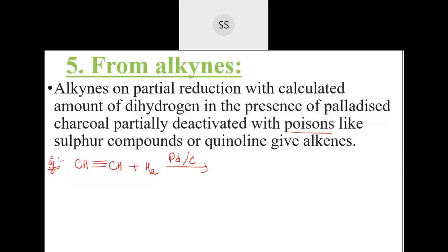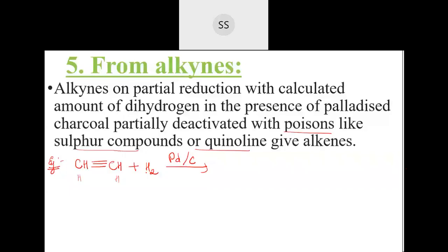Okay, these are the compounds which are the poison. So directly you add hydrogen now. Okay, break this triple bond. These catalysts will help us to break this triple bond, convert them into a double bond. So add one hydrogen here, one more hydrogen on the other side. Okay, so here you will get CH2 double bond CH2. Okay, it's a direct addition.